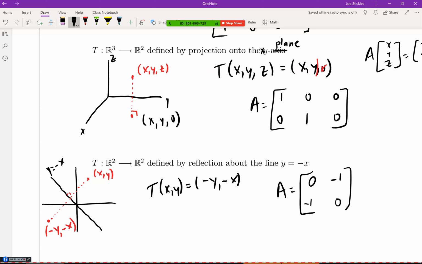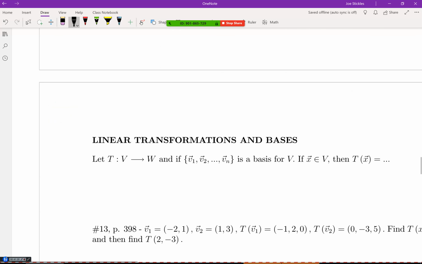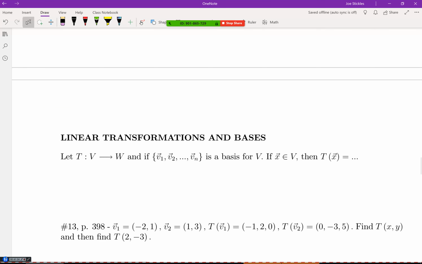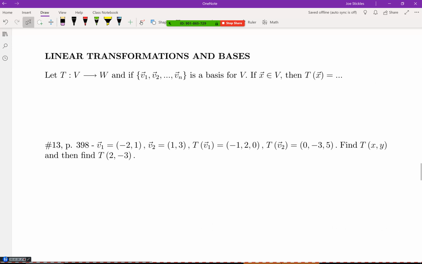Okay. Well, let's go to the next one here. What do we got next? Dealing with linear transformations and bases. This is a big deal. This comes up in the next section. How can we figure out the output for an arbitrary x if we already know what the basis is?